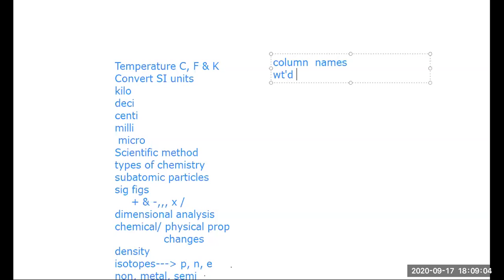Weighted average. And then the last thing is going to be names and formulas. Just like homework, some of them will give you the name and ask you the formula. Some of them will give you the formula and ask you the name.